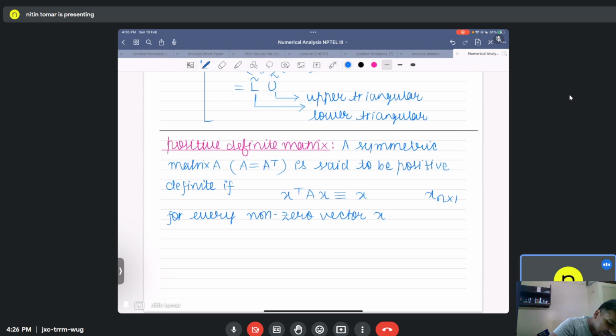So X is an n cross 1 vector and A is n cross n. So what will be the order of X transpose? It will be 1 cross n, not n by 1, we are taking transpose. Now, what is the order of this as a whole?